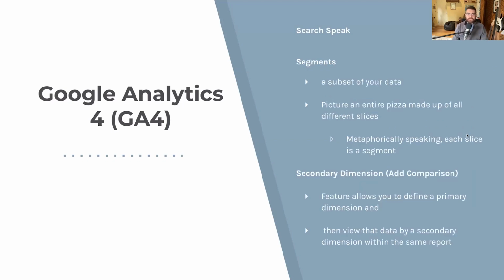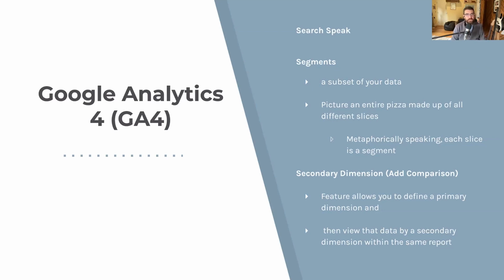Also, a segment. Segment is super important. It's a subset of the data, meaning that if you think of it like a pizza, say you have new users versus returning users. You want to know how many people you're getting that are new to your site and how many people are returning. It can be useful to know if people are coming back a lot and maybe they're not converting, then that's something to look at.